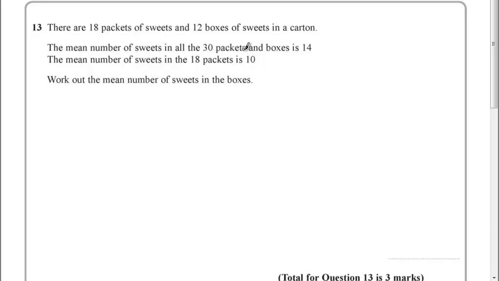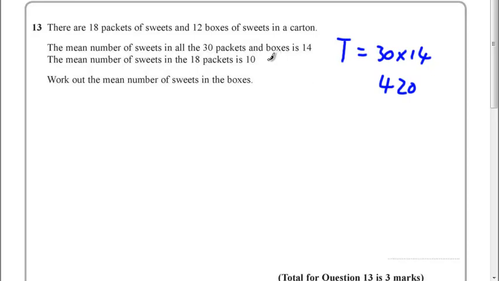So I think we've got to work out totals first. So let's do that. The total of all the sweets in the packets and the boxes. So the grand total will equal 30 times 14. Well, 3 14s is 42, and it's also times by a 10, so that equals 420.